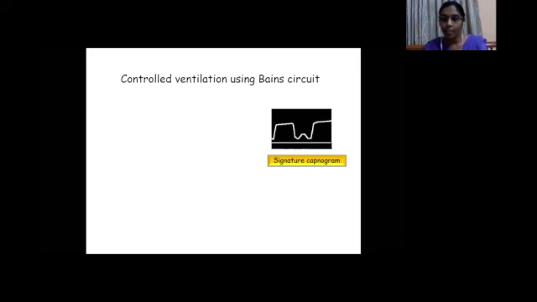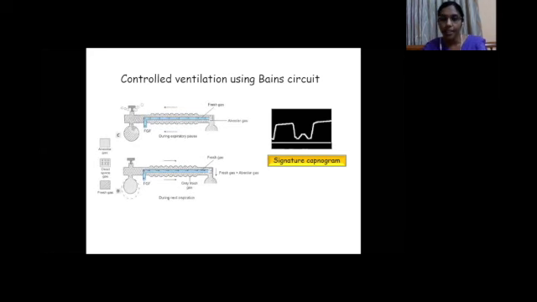So why does this happen when we use a Bain circuit? For this, we have to look at the functional analysis of how gas moves when we are using a Bain circuit for controlled ventilation. During the expiratory pause, the gases that have been expired go into the outer tube of the Bain circuit, and the fresh gas flow pushes these gases towards the expiratory valve. A majority of the gases is lost.